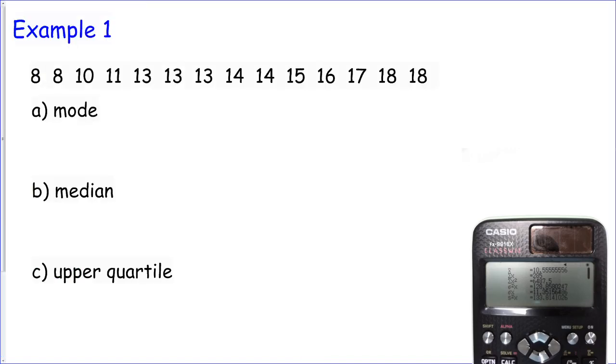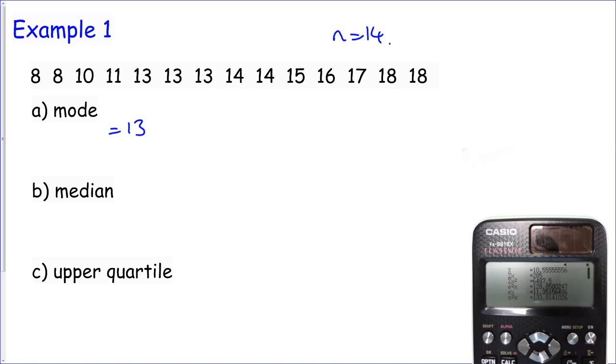To have a look at this set of data we've got here, we're going to work out first off how many things there are. So there are 1, 2, 3, 4, 5, 6, 7, 8, 9, 10, 11, 12, 13, 14 numbers. So n is 14. To find the mode from here, we can count through and work out that there are actually most 13s. So this is 13. To find the median, we're going to count through.